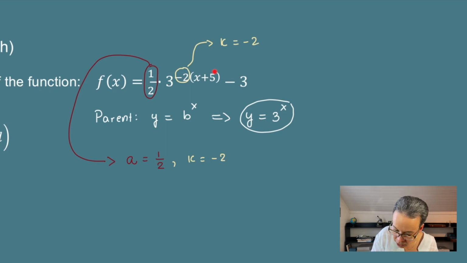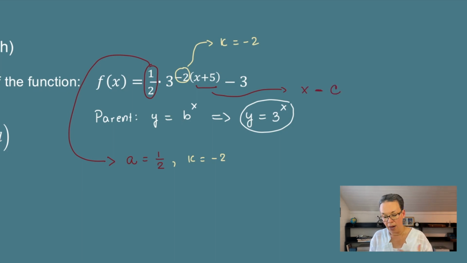Now, I want you to notice the expression inside of the set of brackets, x plus 5. Now, if you remember, when we write the general form just using A, K, C, and D, what we really typically see here is something like this, x minus c.